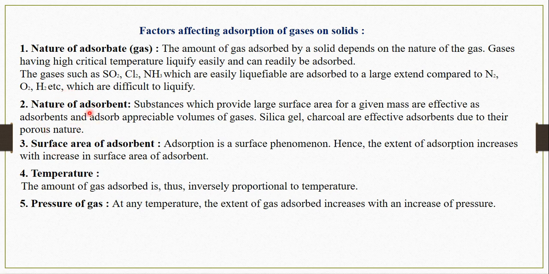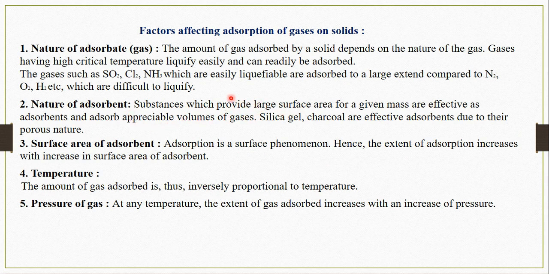Then next is the nature of the adsorbent. How does it affect the adsorption process? The substances which provide a large surface area for a given mass are effective adsorbents, adsorbing an appreciable volume of gases.